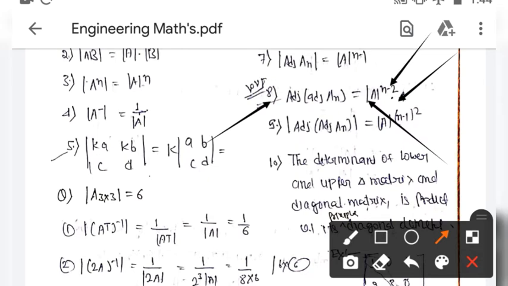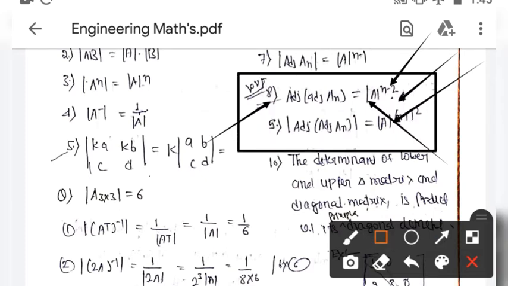Again, here n is the order of the matrix, and this will give you the adjoint of matrix A. Okay, and if you have to find the determinant of the adjoint of matrix A, first you find the determinant of matrix A, whole to the power n minus 1, and this will give you the determinant value of the adjoint of matrix A. So this is the shortcut to find the determinant and adjoint of matrix A.